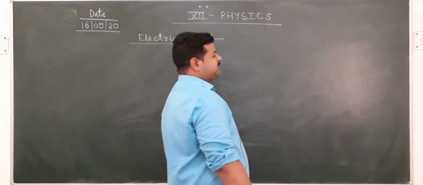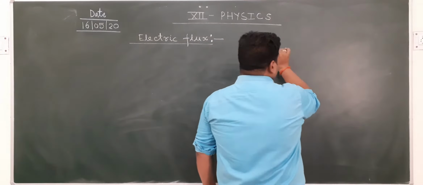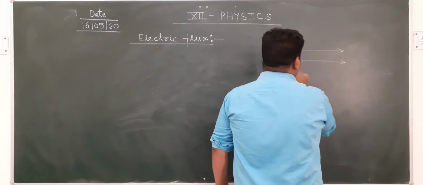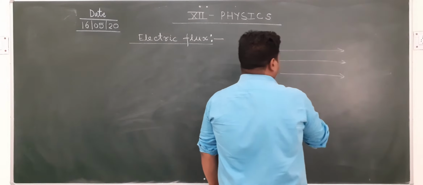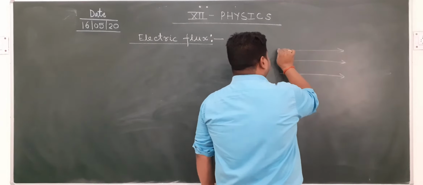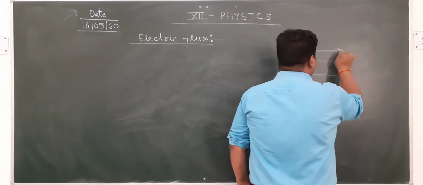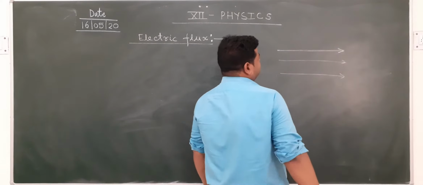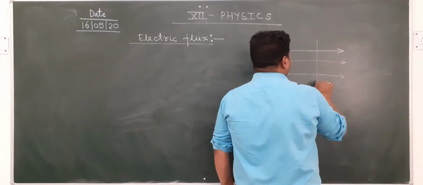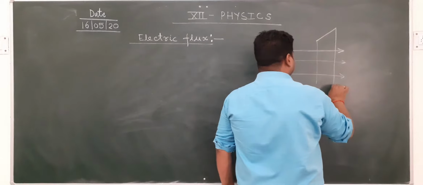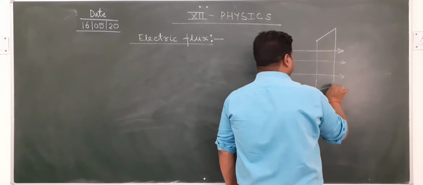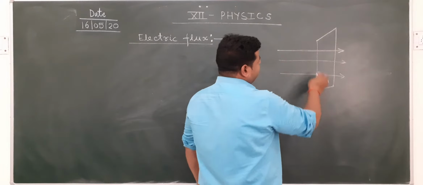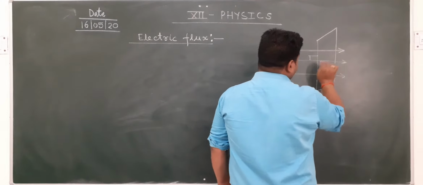Let us assume that water flows in a particular direction, that is, in a single direction, and these arrows are known as water current. Here we put a surface in front of the water current, and the water current passes normally through that surface.